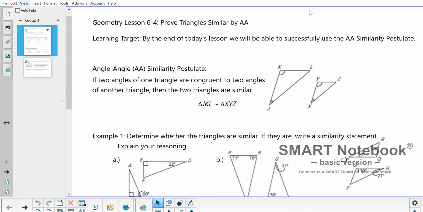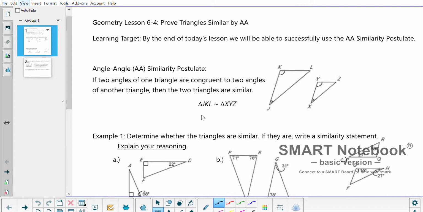So if we look at our angle-angle here, this first one says if two angles in one triangle are congruent to two angles of another triangle, then the two triangles are similar. So we have two triangles here, triangle JKL and triangle XYZ.